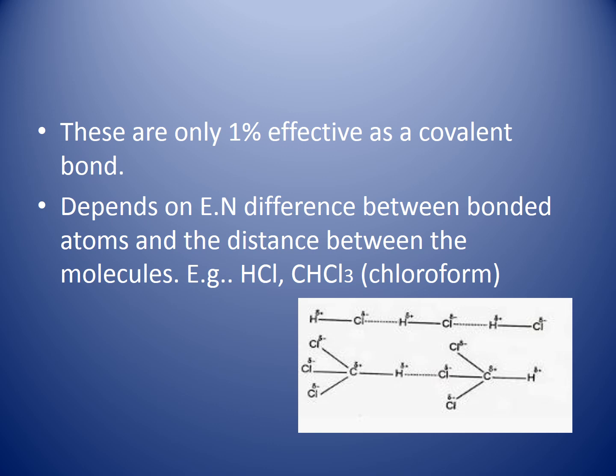In case of HCl, the partial negative end, that is the chloride ion of the molecule, attracts the partial positive hydrogen ion of the other molecule and develops a force of attraction.